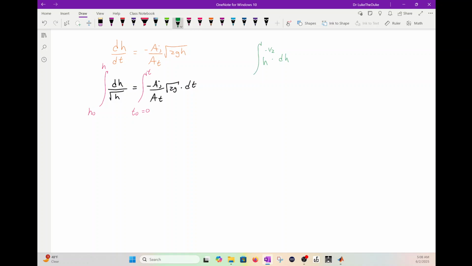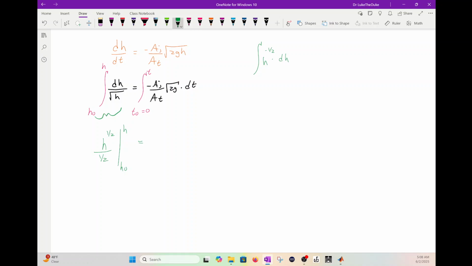So we're going to integrate that. When we integrate that, we add 1 to the exponent, so it's H to the 1/2, and we divide by that. We're going to evaluate from H naught to H.